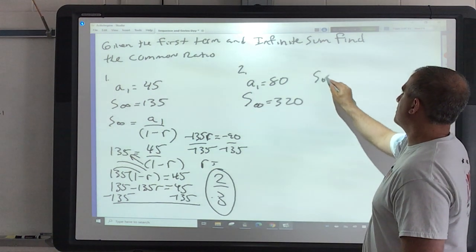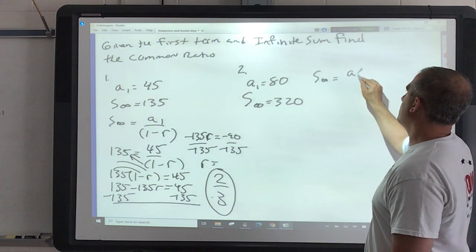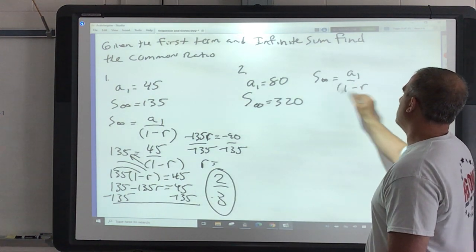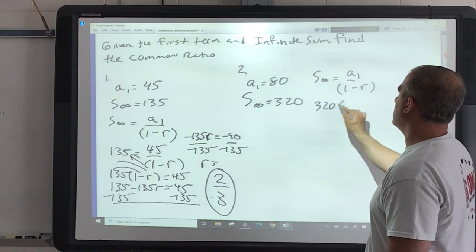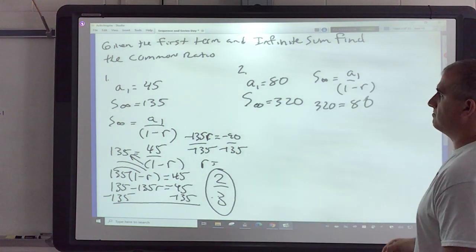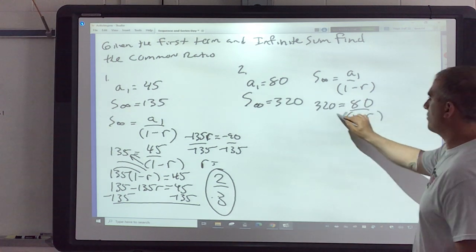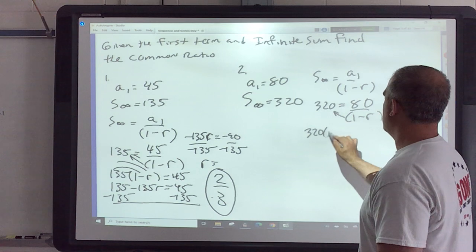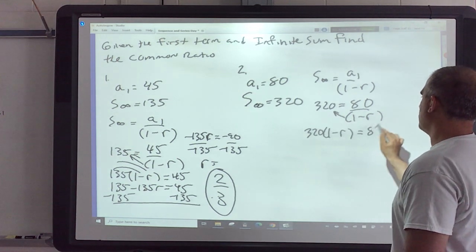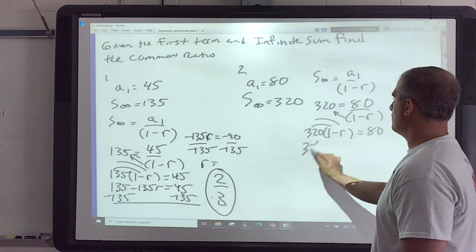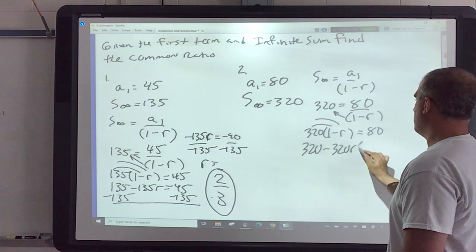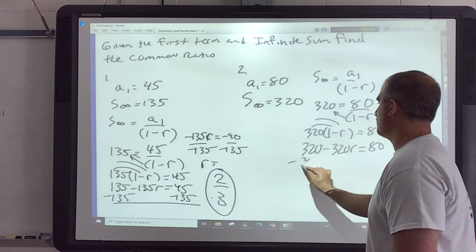So I got S infinity is equal to A1 over 1 minus R. I put 320 in there, and I put 80 in there. I'm going to cross multiply that up, so 320 times 1 minus R equals 80. Distribute that, that's 320 minus 320R equals 80. I'd subtract 320.